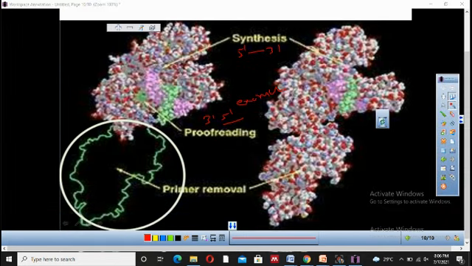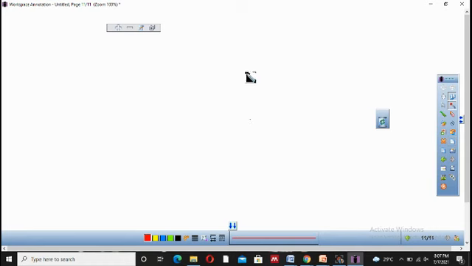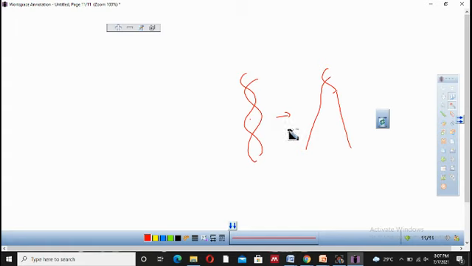We know that DNA is double helical. When it replicates, it forms the single strand template. Suppose this is the 3 prime and this is the 5 prime. Initially one primer will synthesize, and after that the new strand of DNA is synthesized by complementary base pairing.